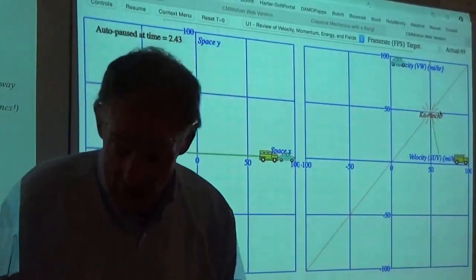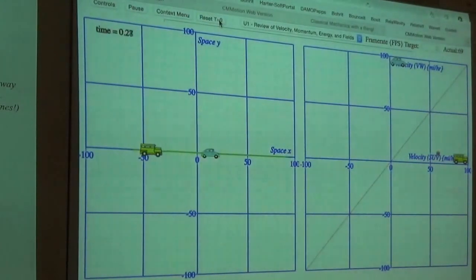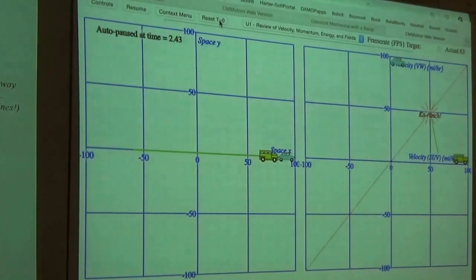Now, one of the things I think you might have noticed if you were watching that carefully, let's do it again because it is kind of cool, is that, watch the red ball a little bit. Did you see that thing go up and then sort of sink down a little bit? Yeah. We'll talk about that later on. Don't pay too much attention to it right at the moment.